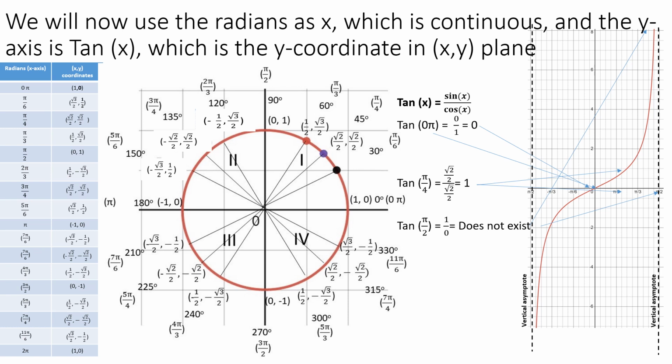Tangent is rather interesting because remember, tangent is sine over cosine. So tangent of x is sine x over cosine x. If you look at this, we've got sine x, cosine x, and I'm going to 0 pi here.